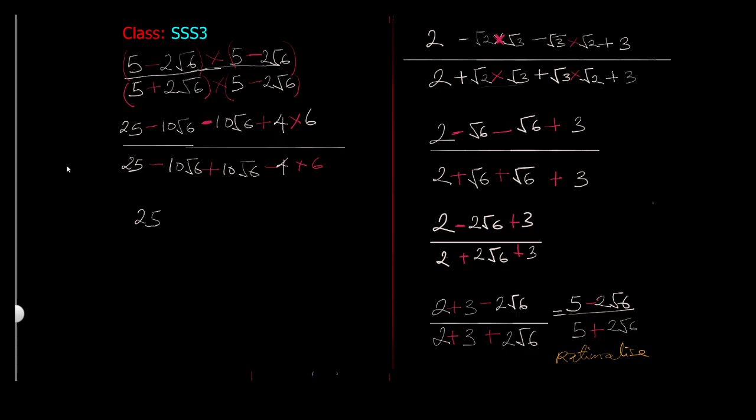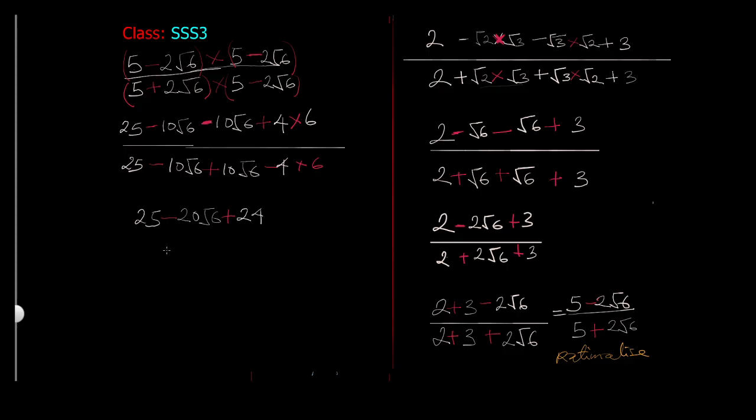But what is the sign? Minus 10 minus 10, so I'm sorry, it's going to be minus 20 root 6. Plus 24. Yes, plus 24.